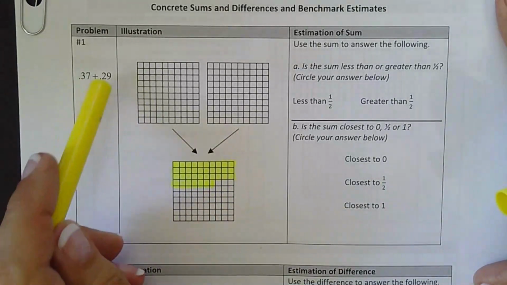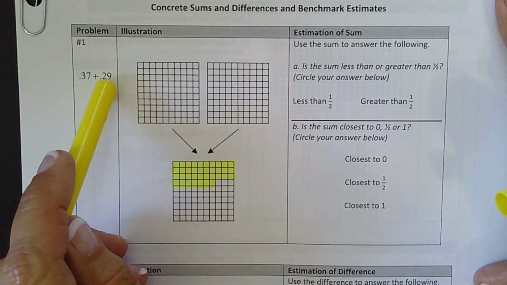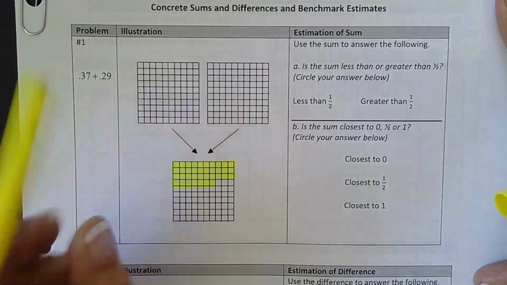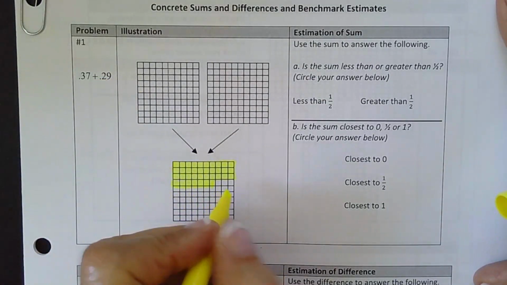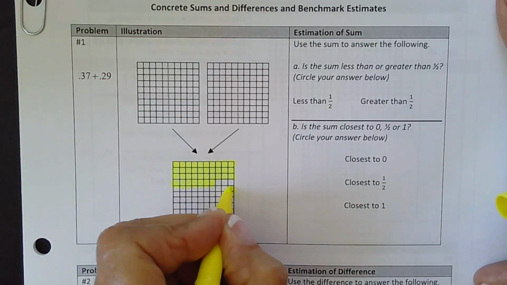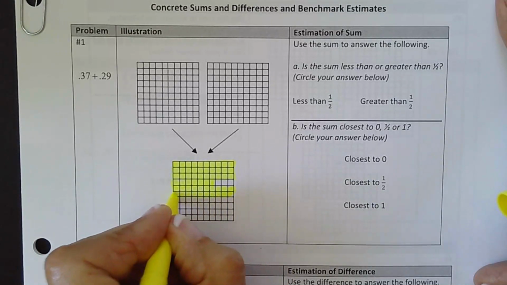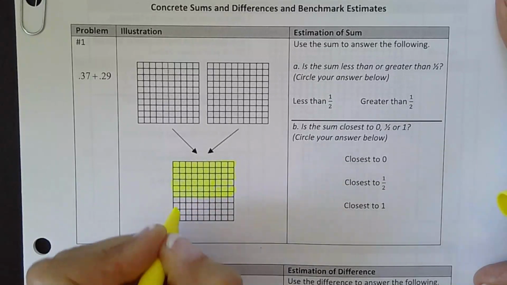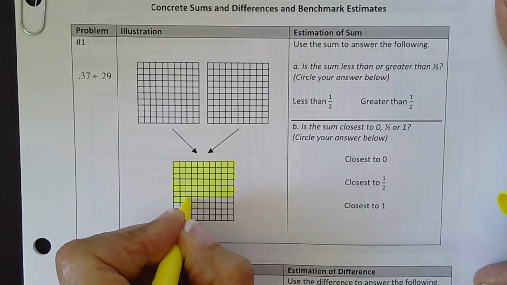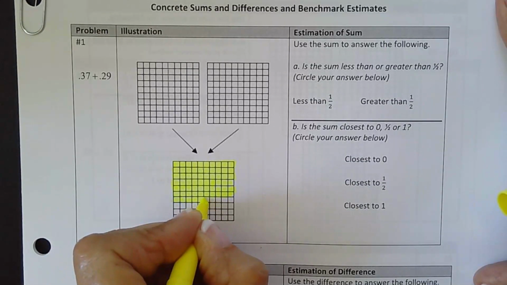Then it says add that to 29 hundredths. So then we have to shade 29. This would be 10, 20, and then 1, 2, 3 there, 4, 5, 6, 7, 8, 9.